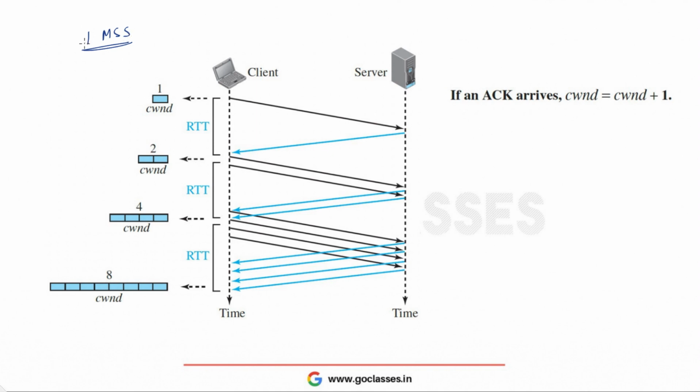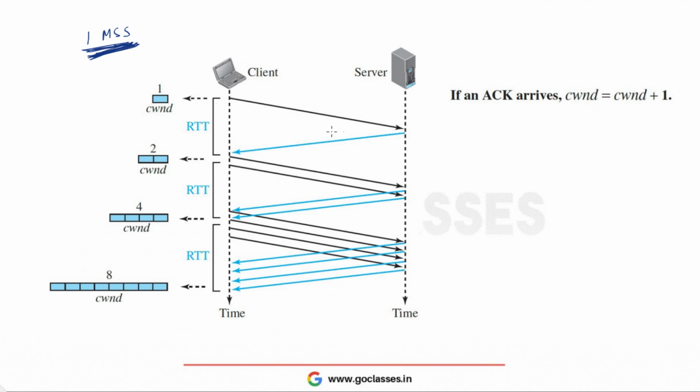I'm basically treating every segment as the same size. Either it can have the size of MSS or maybe less than MSS, but I'm considering that every segment has the size of MSS. This is the first assumption.